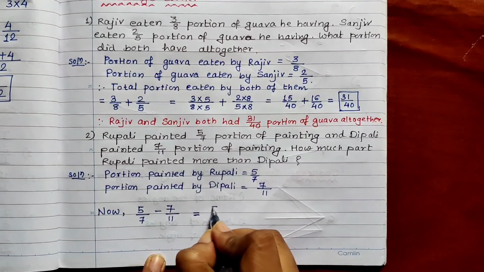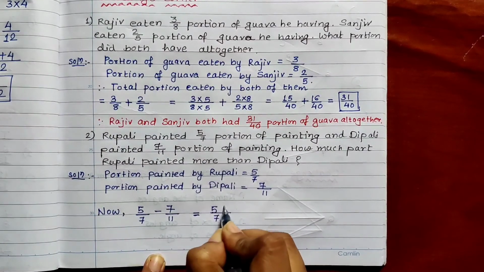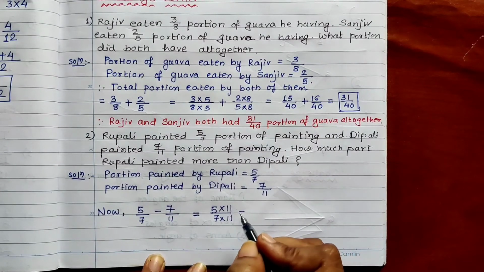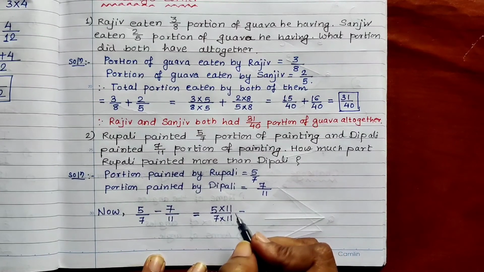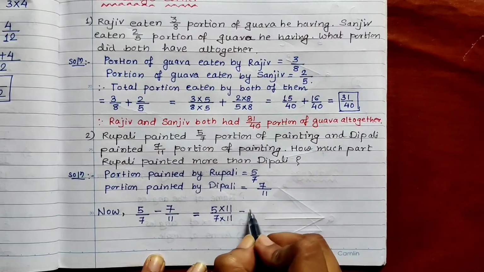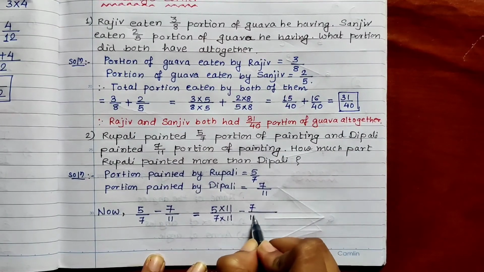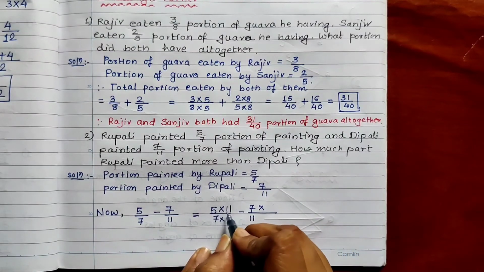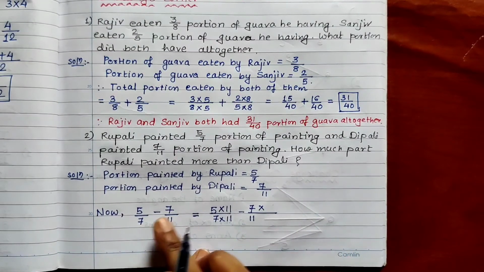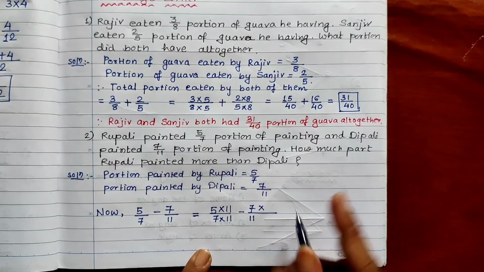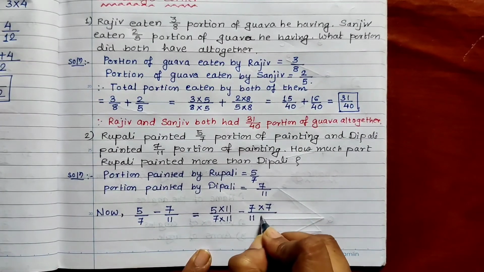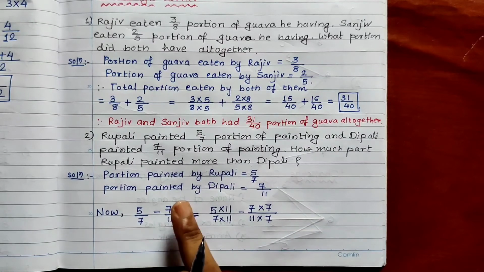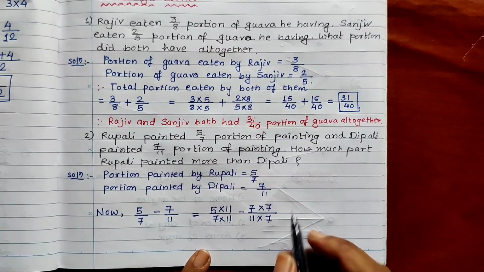So let us multiply. 5/7 multiplied by 11 and 7/11 multiplied by 7. We have multiplied the first fraction by the denominator of the second and the second fraction by the denominator of the first.